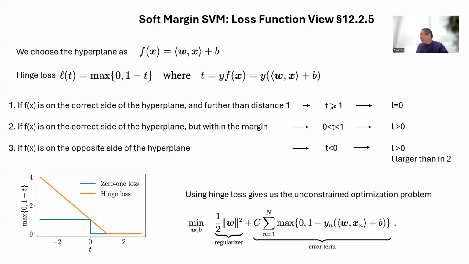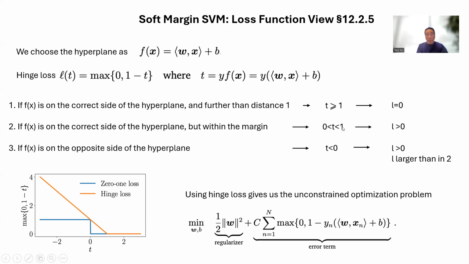That's not differentiable. So what we can do is we can instead pick this orange line, which for the values 1 and 0 has the same values as our 0-1 loss, okay? And so the way we say this is that the hinge loss is defined as the maximum of 0 or 1 minus t. So if you break this down into multiple cases, when t is greater than or equal to 1, then 0 is the max.